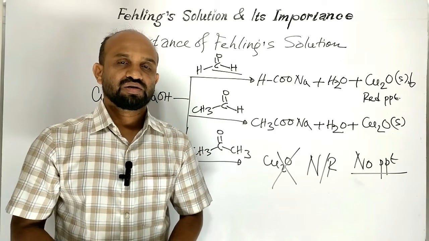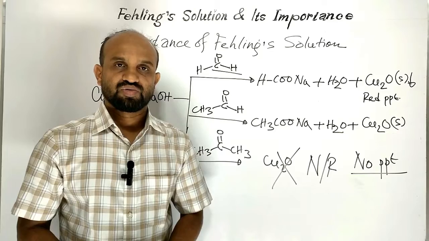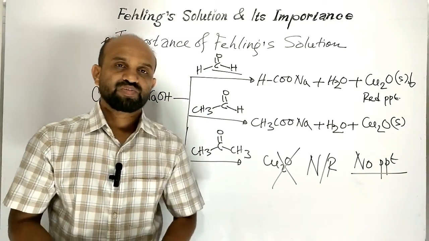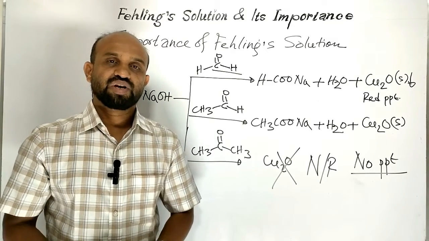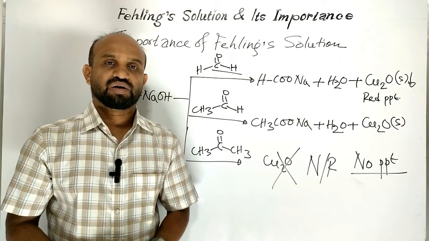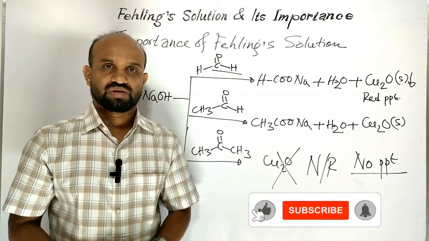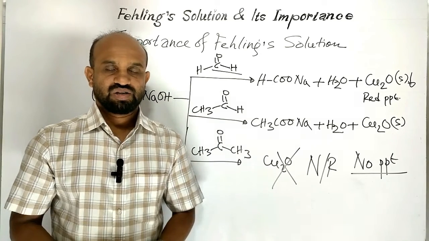Fehling solution forms red precipitate of cuprous oxide with aldehydes, but no precipitation occurs with ketones. This is Fehling's solution test, which was first carried out by Hermann von Fehling, a German chemist, in the year 1849. No more today. Thank you very much.